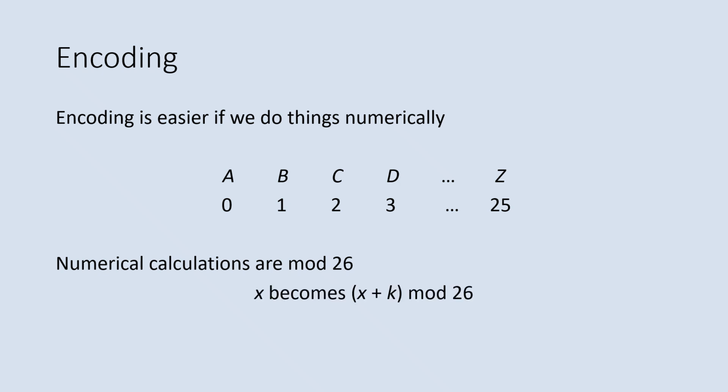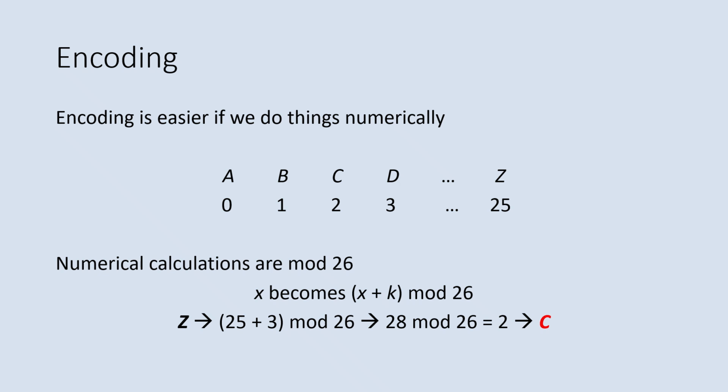Okay, so some number x becomes x plus k, where k is our amount of the shift, mod 26, and then we figure out which letter that corresponded to. So the number 2 becomes whatever number it became, and so that would mean the letter C becomes whatever letter that corresponds to.